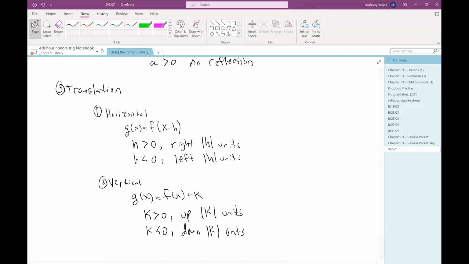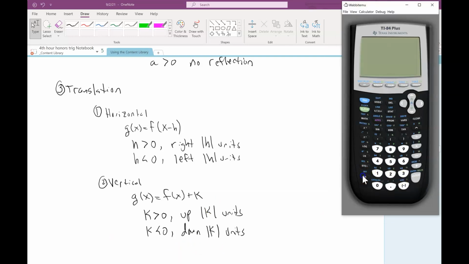Okay, so let's take a minute here and just look at some pictures about what I mean by these different types of transformations. So I just preloaded some stuff. I just want to turn some of it off here. So let's say our parent function is x squared, right?